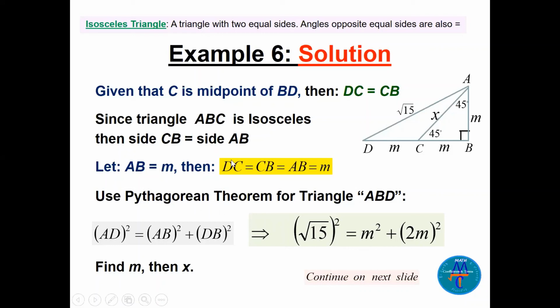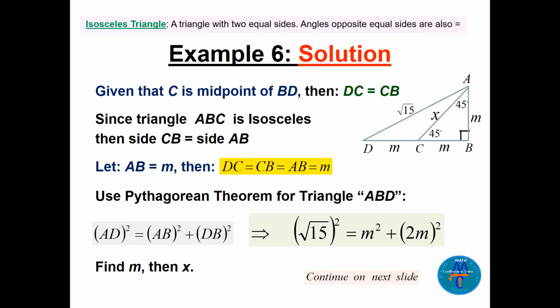Now, C is the midpoint of BD. So that means DC is equal to CB. And also, you know, isosceles triangle ABC. So this BC or CB is the same as AB. So let's call each one M. So DC, CB, AB, each one we call small m.